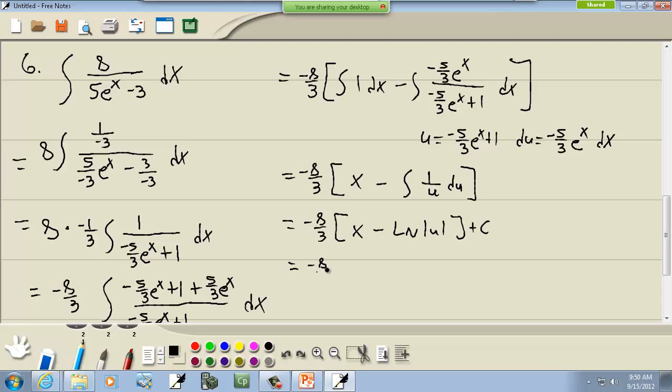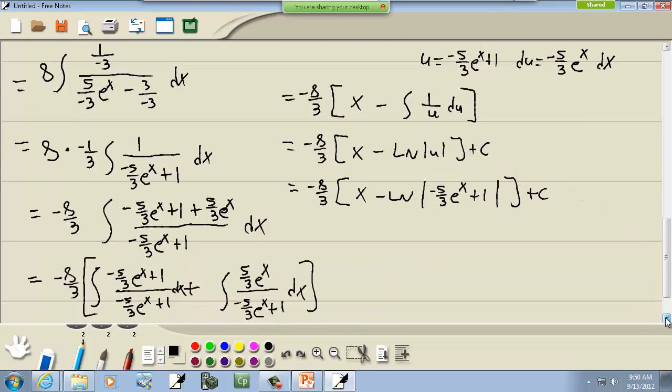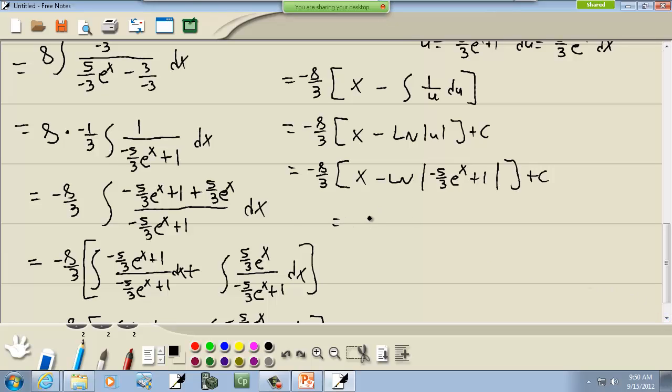So we'll plug that back in. We'll get the absolute value of -5/3 e to the x +1 plus c. And we'll go ahead and multiply the -8/3 through. And we got -8/3 x plus 8/3 natural log of the absolute value of -5/3 e to the x +1.